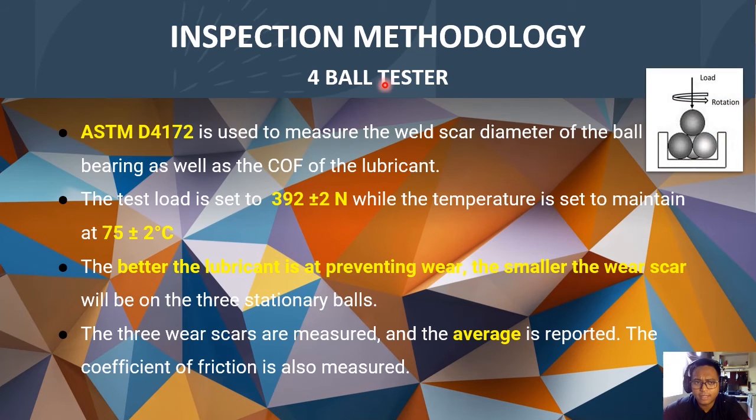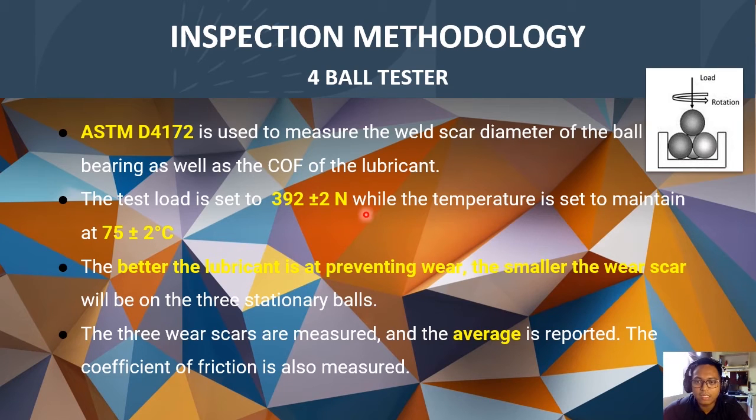In this test, the international standard used is ASTM D4172 to measure the wear scar diameter of the ball bearing as well as the coefficient of friction of the lubricant. The load is set to 392 plus minus 2 Newton, while the temperature is set at 75 plus minus 2 degrees Celsius.